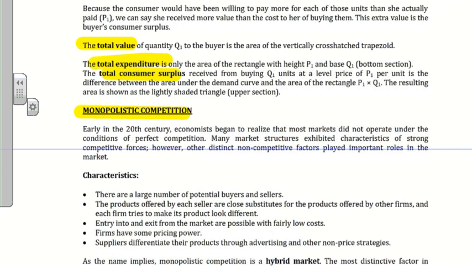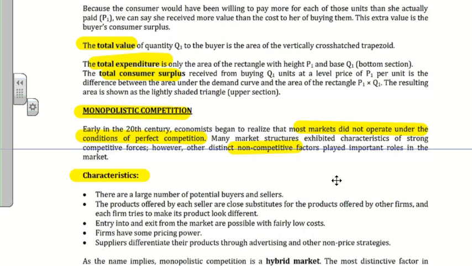Monopolistic competition. There was a point in time that economists realized that most markets don't operate under the conditions of perfect competition. There are strong competitive forces, but there are other non-competitive factors that play a role as well.